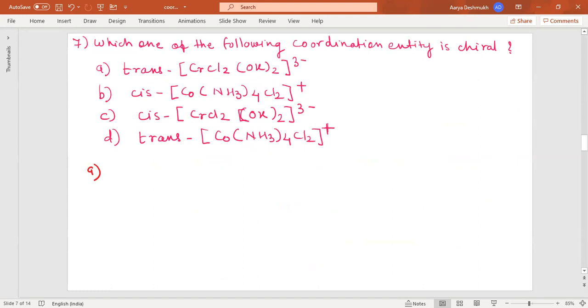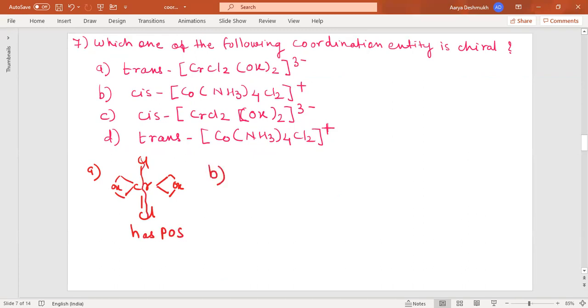So try to draw the structure for this: Cr, Cl and Cl trans, and here there are 2 oxalate ligands attached. So this will have a plane of symmetry. This can be cut into 2 equal halves.